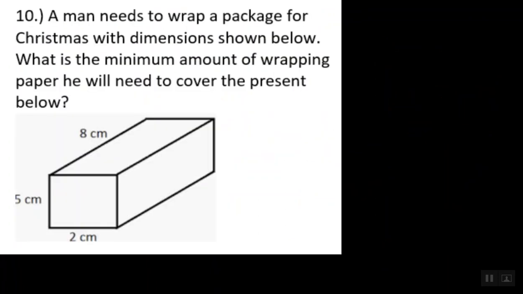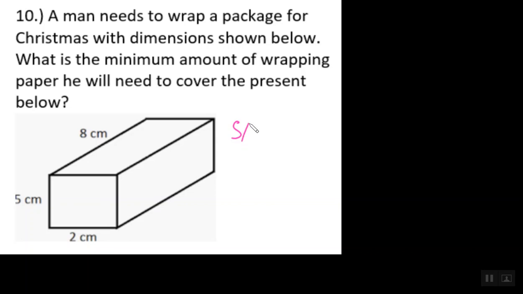Okay, 10. A man needs to wrap a package for Christmas with dimensions shown below. What is the minimum amount of wrapping paper he will need to cover the present? Well, think about this. If you're wrapping up the present, are you filling up the inside of the present, or are you covering the outside? And of course, in this case, we're covering up the outside.